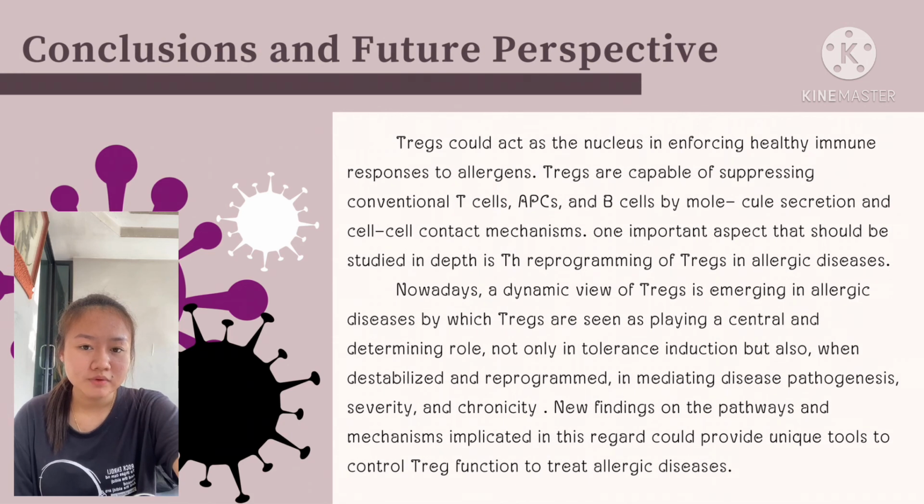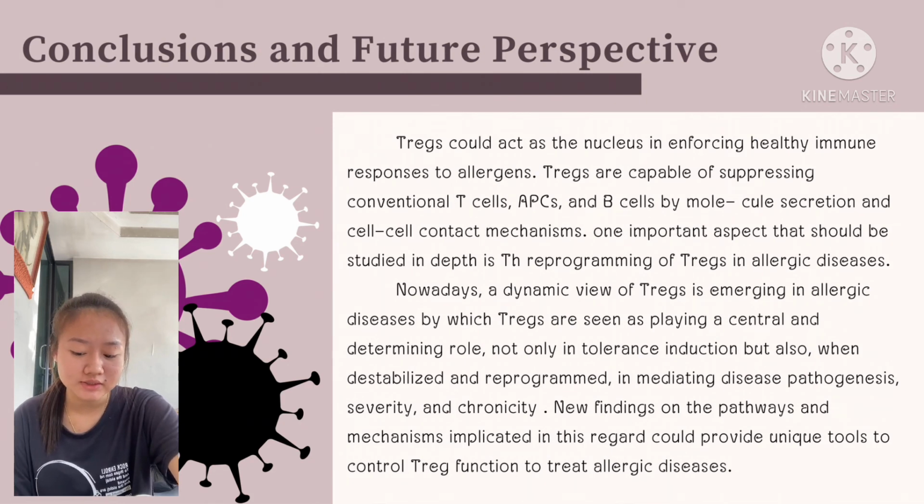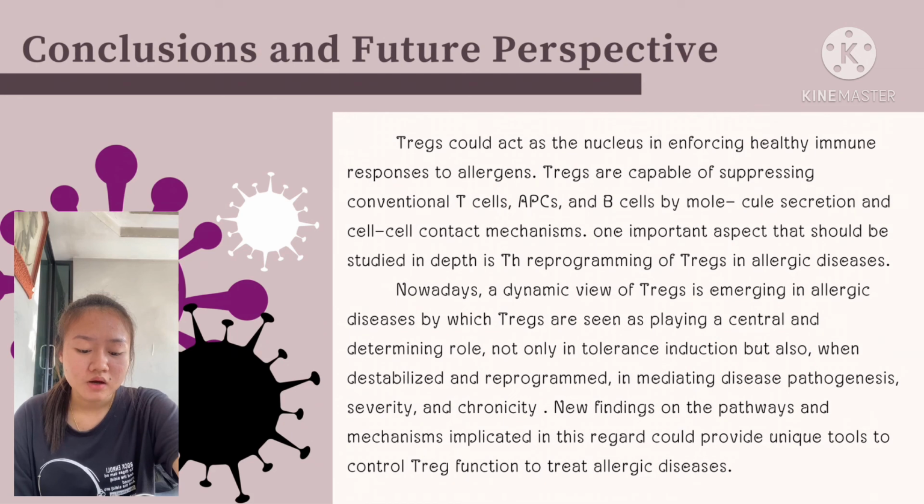Tregs are capable of suppressing conventional T cells, APCs, and B cells by molecule secretion and cell-to-cell contact mechanism. One important aspect that should be studied in depth is the reprogramming of Tregs in allergic disease.